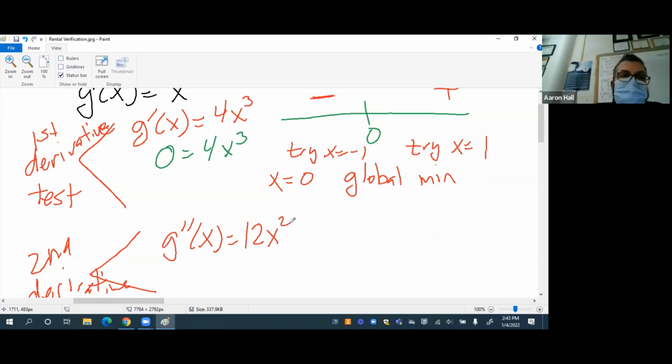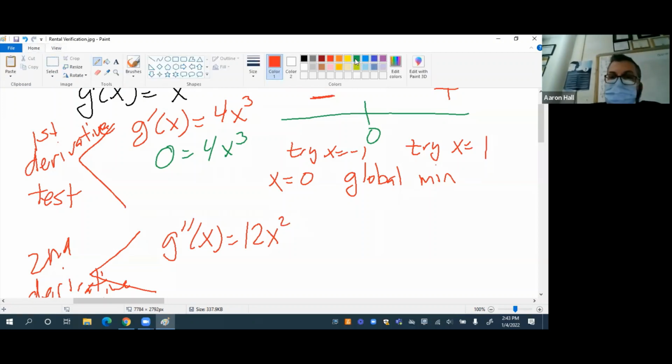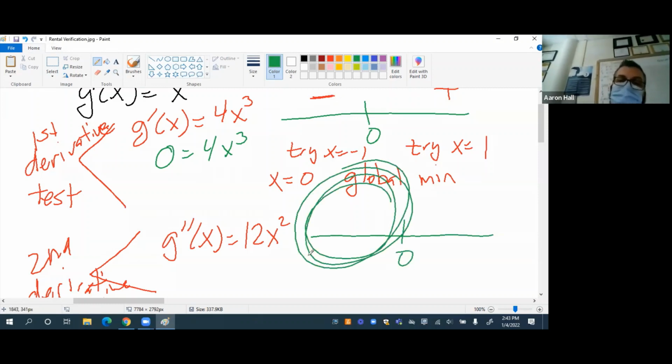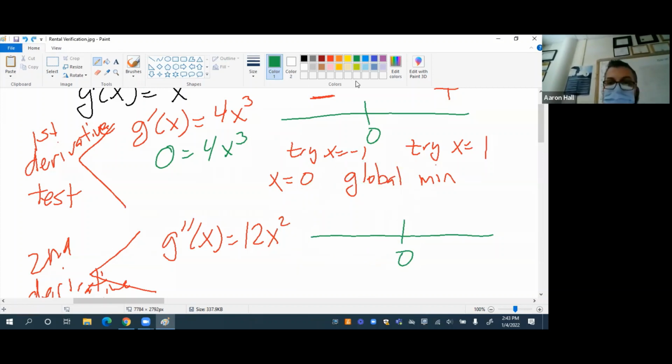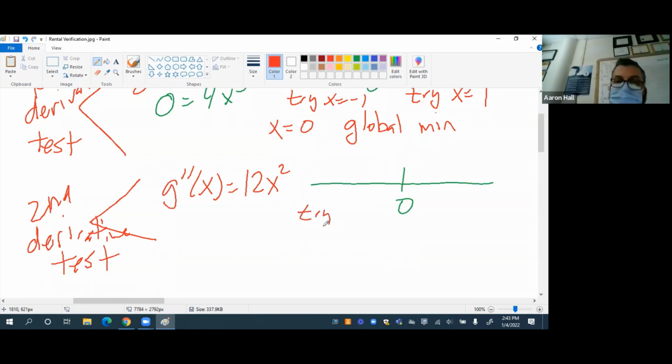Do I have any critical points? 0 again. So how do I know what my concavity is on this side of x equals 0? Try x is -1. When I plug that in, I get a positive. Anything squared is going to be positive.